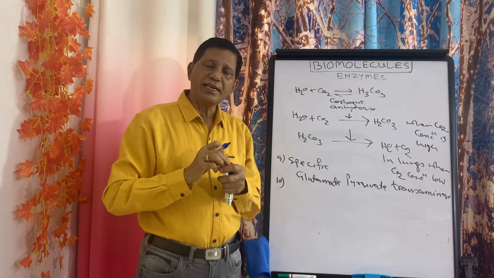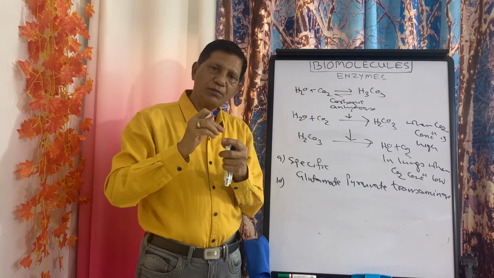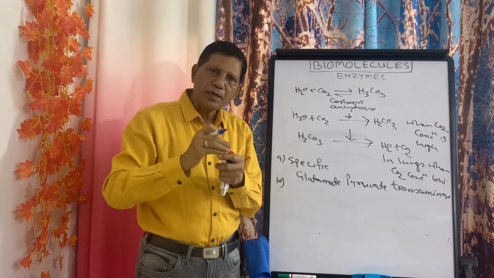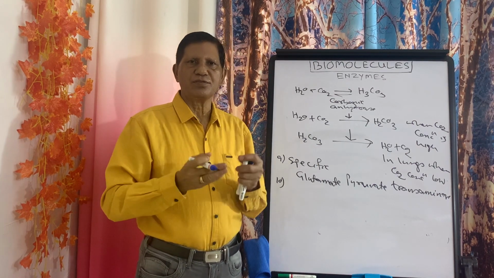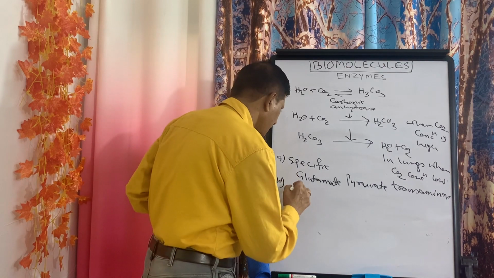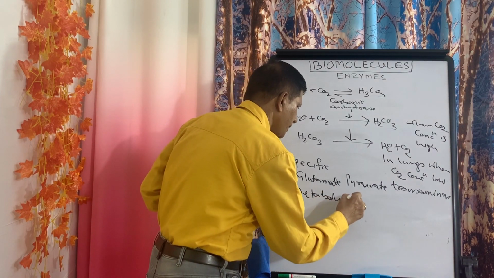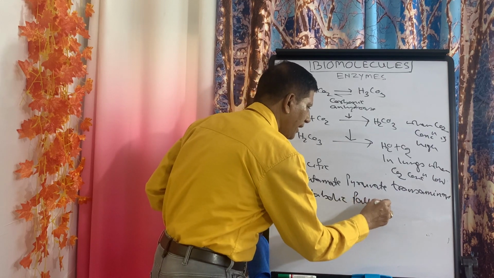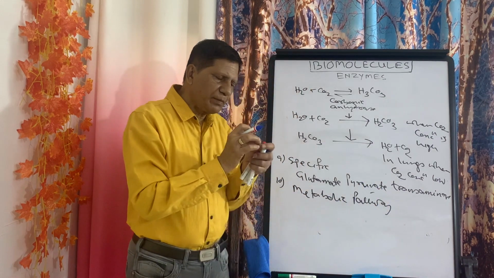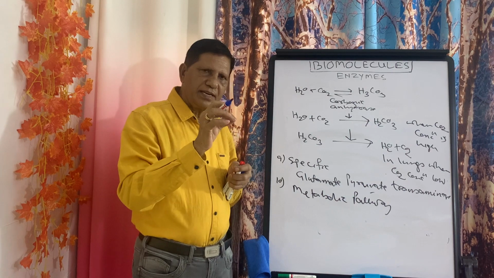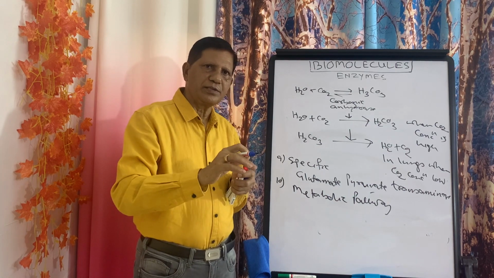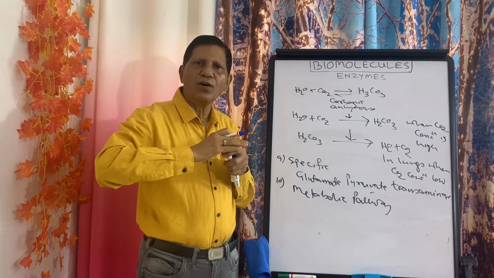So here the enzymes will function at a particular place when that particular substrate comes. That means when several reactions take place in a sequence, the enzyme will react only at the particular place. It will not react in all the reactions.